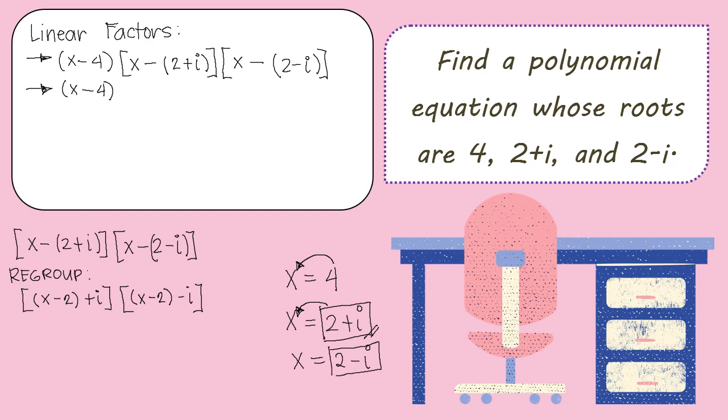So as you can see, we do have this special pattern, which is a plus b, and the other one, we have a minus b, wherein our x minus 2 is represented by a, and our i is represented by b. Same goes with the second linear factor, x minus 2 is represented by a, and i is represented by b.